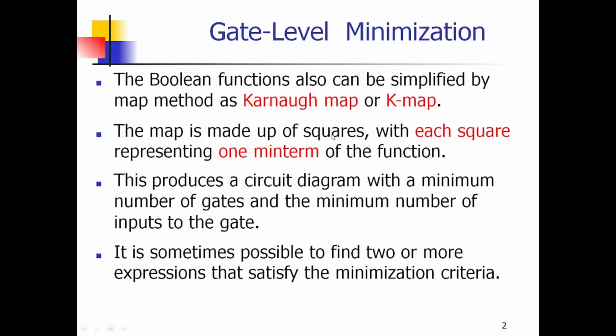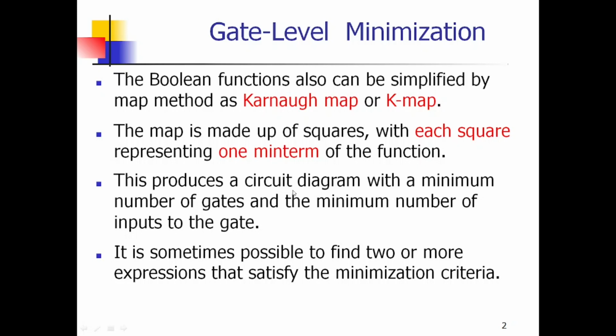The map is made up of squares, with each square representing one minterm of the function. The Karnaugh map consists of a number of cells depending upon the number of input variables. That cell is nothing but the square, and each square is represented by one minterm.